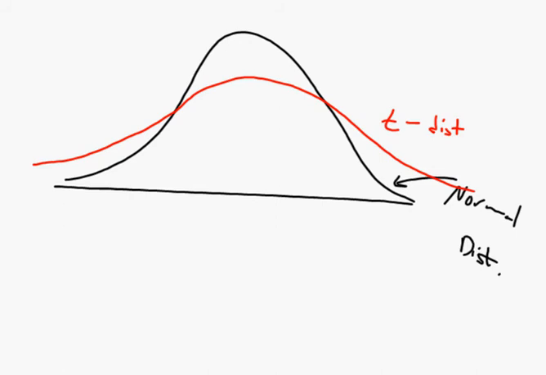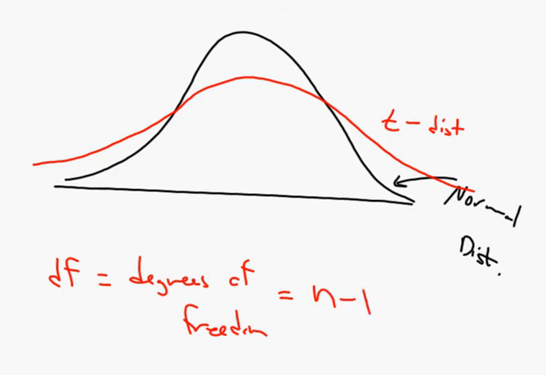If you look at charts for T distributions, they'll have these two letters next to it, df. And df stands for degrees of freedom. In the case of a one sample test, the degrees of freedom is equal to n minus 1, your sample size minus 1.